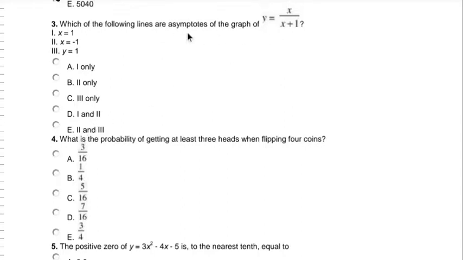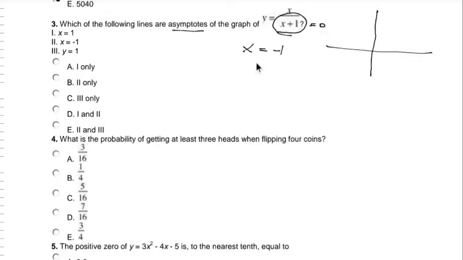On to question 3. So we have a graph here now and it's an asymptote. Alright, so if you look at the denominator here, this will be the vertical line the graph does not reach. Okay, so x plus 1 is the denominator. So if x is equal to -1, then the denominator will be equal to 0.